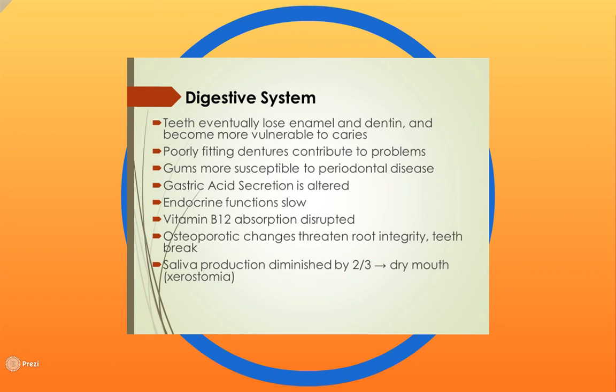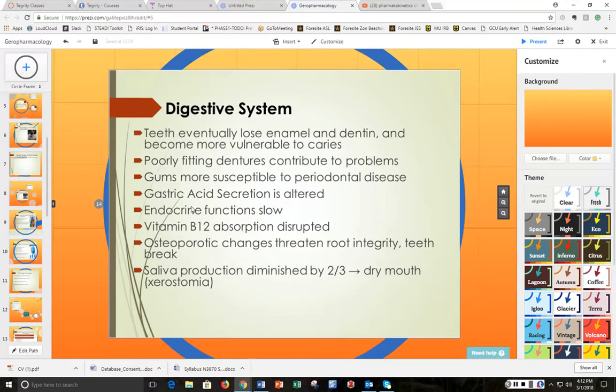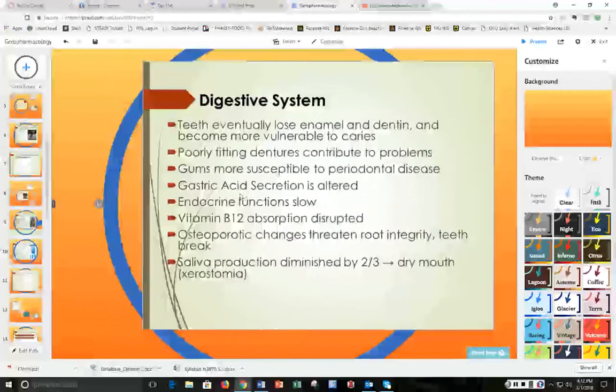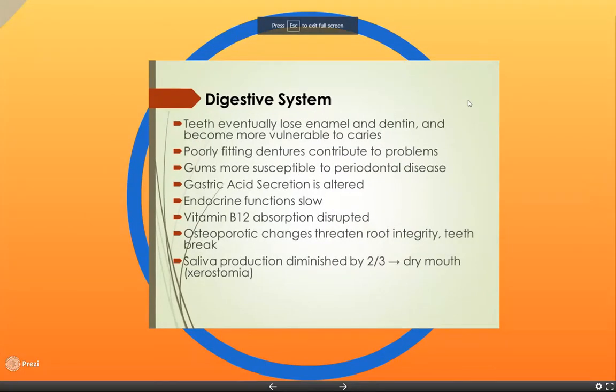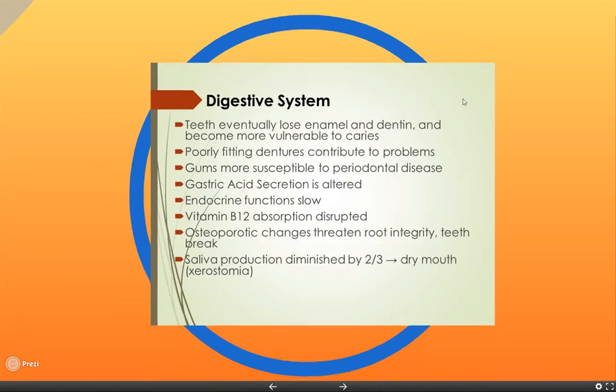Those 3 items actually, let's see, right here. Oh, I was hoping I could draw on this screen. Those items are what really change the GI system and make medications go through the GI system for metabolism and absorption differently.